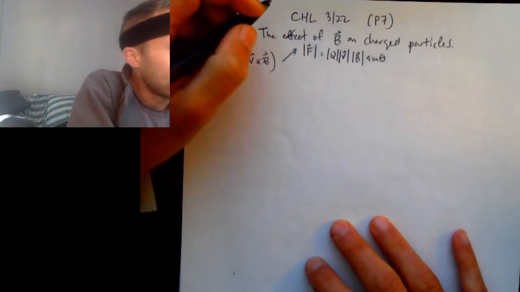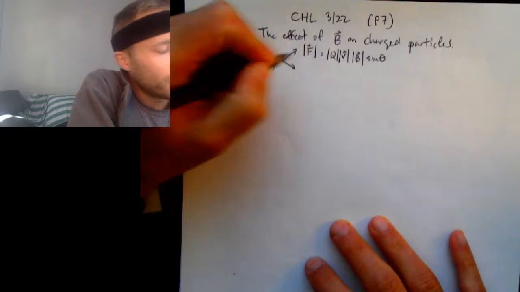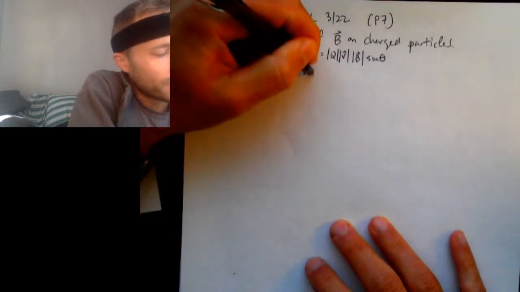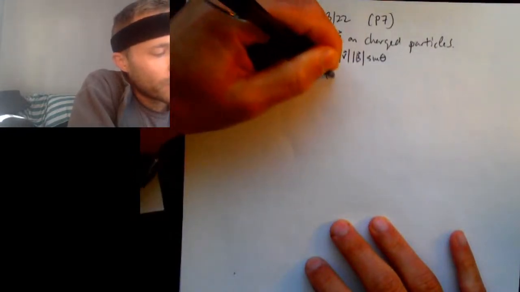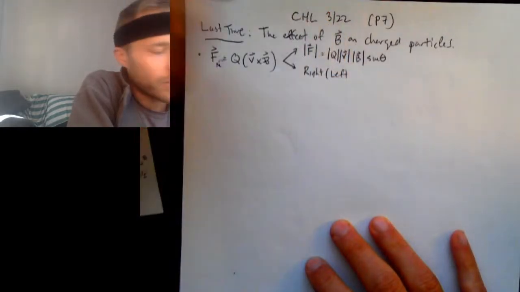Then to get the direction, we use the right-hand rule, or the left-hand rule if you have a negatively charged particle.